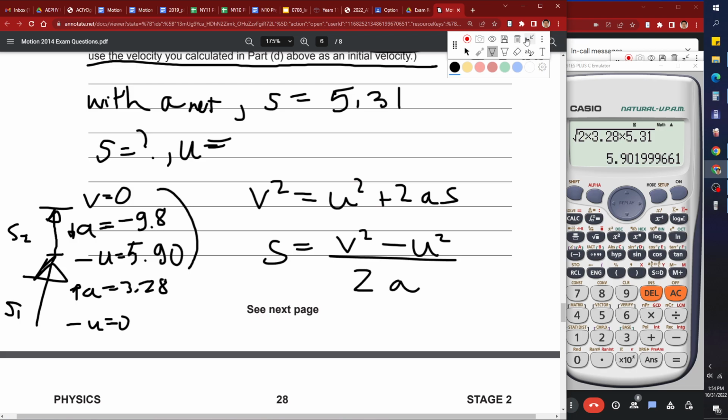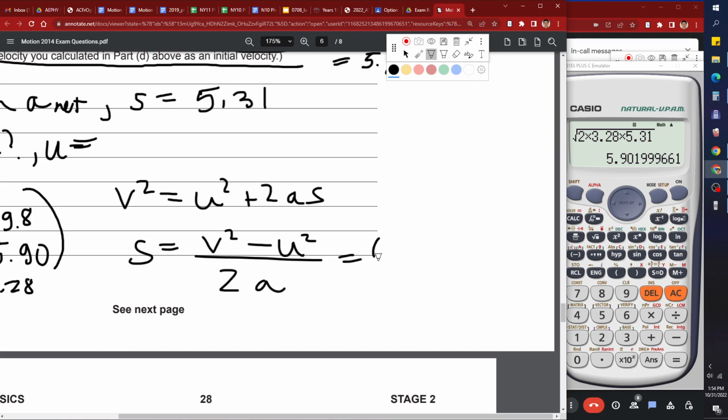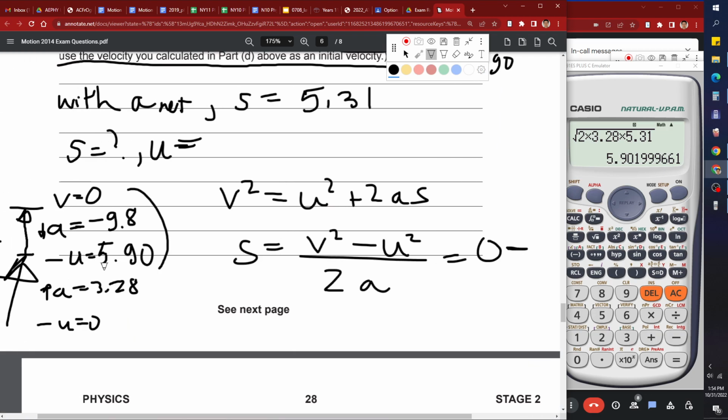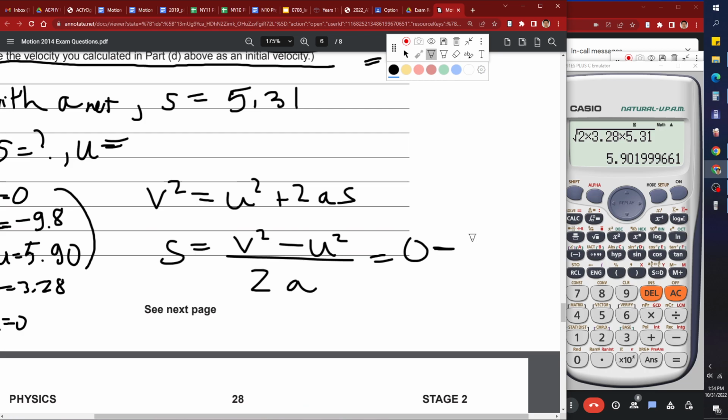And luckily for us, V is 0, and we're going to have a negative value up here for our U. U is 5.9. I'm just going to disregard the 0 for simplicity. And our acceleration is going to be negative 9.8.